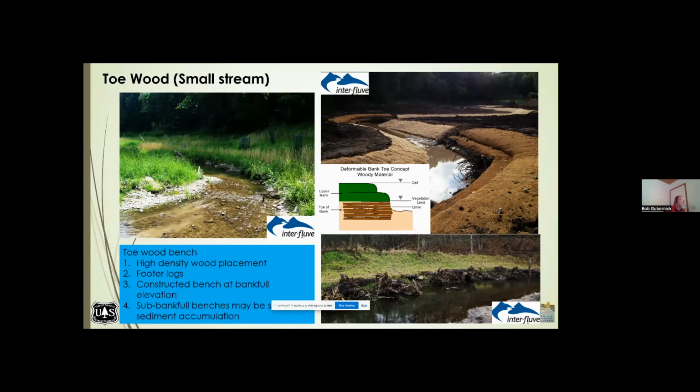And then you build a coir fabric soil wrap bank on top of that. And that is vegetated. And there's lots of void space underneath these types of structures. Like I said, they work real well. The key to them is getting that vegetation established.